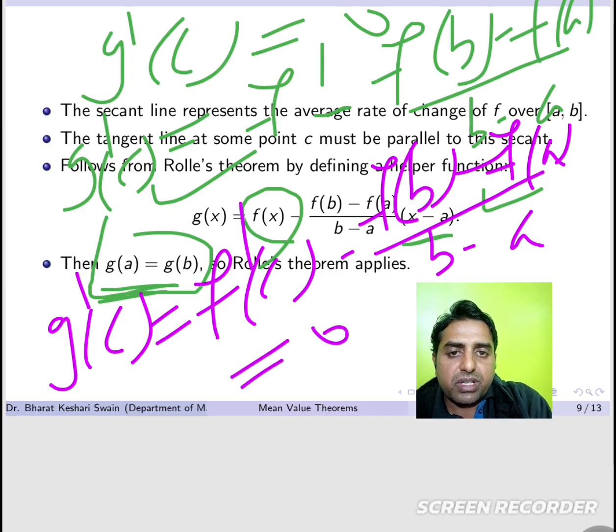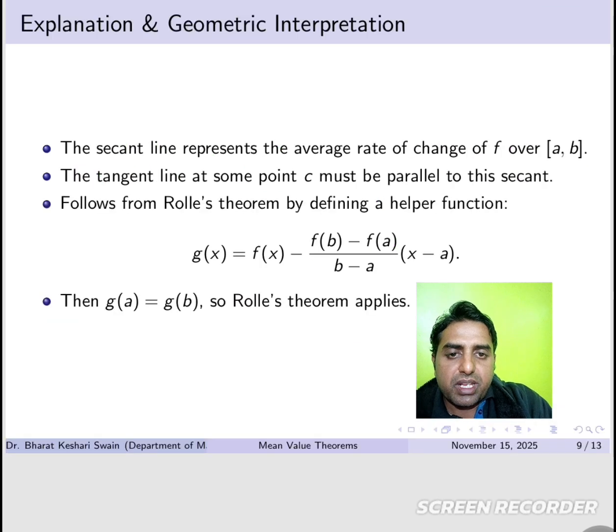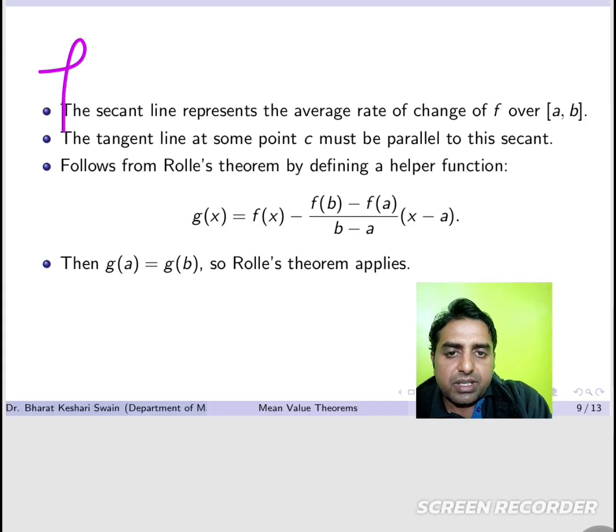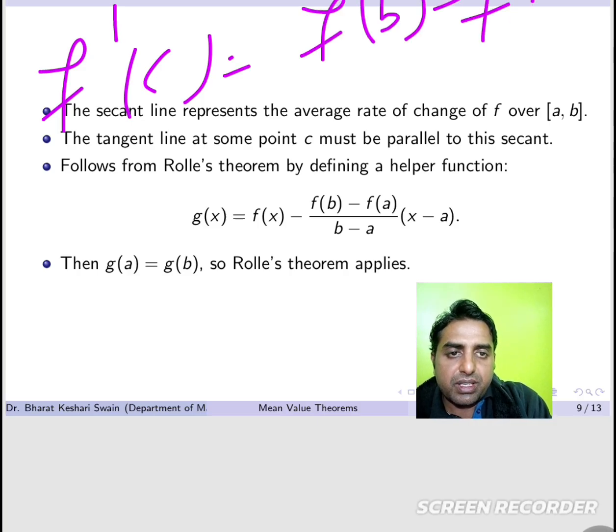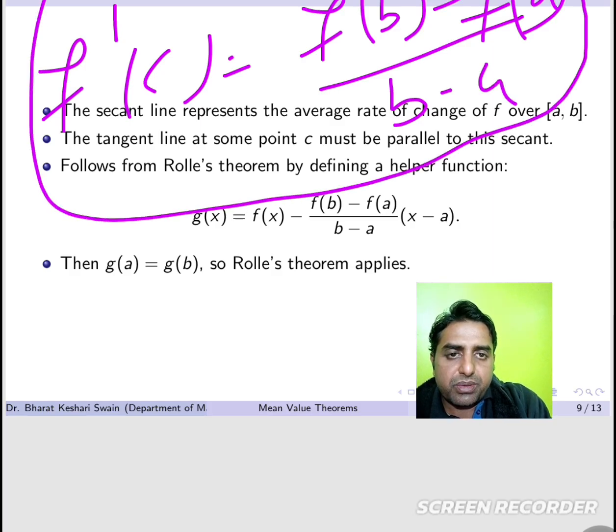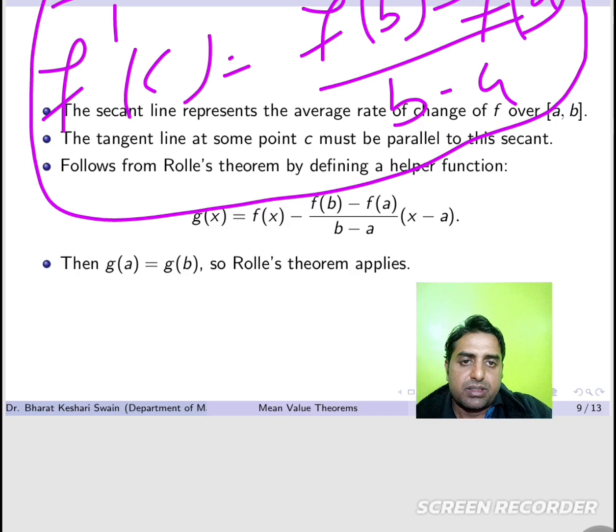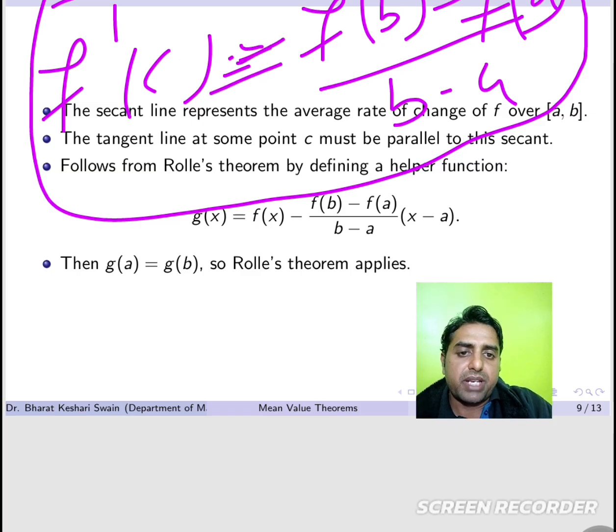And if you solve for f dash c, f dash c will be f of b minus f of a divided by b minus a, and this is nothing but your Lagrange theorem. So this is how we can prove Lagrange mean value theorem using Rolle's theorem.